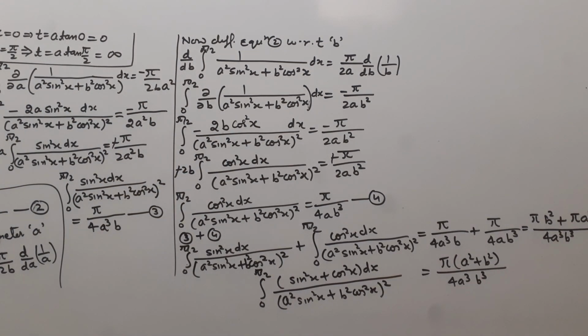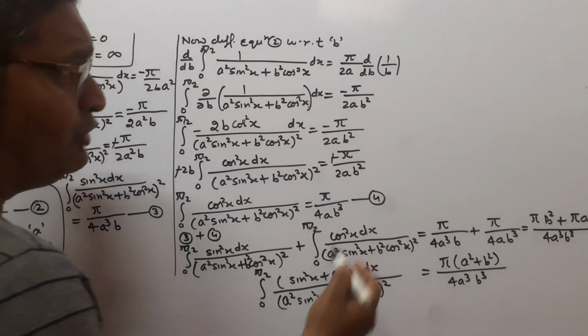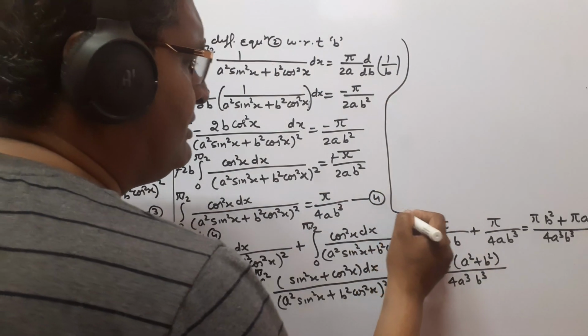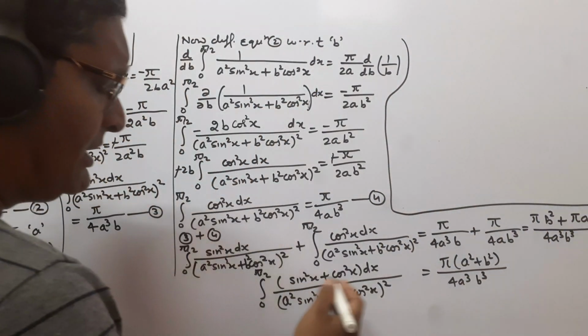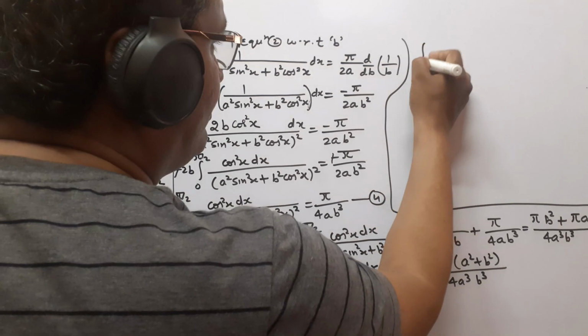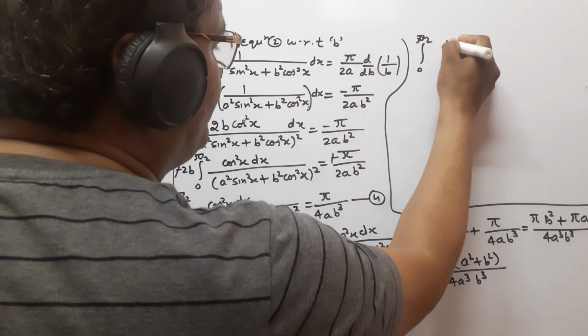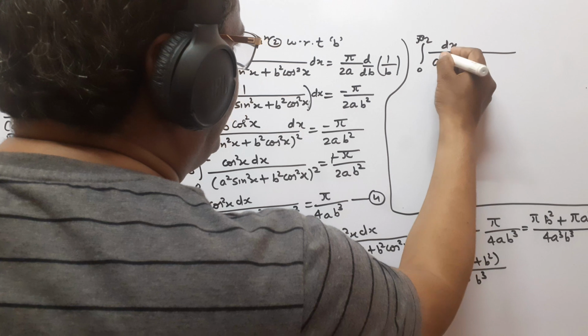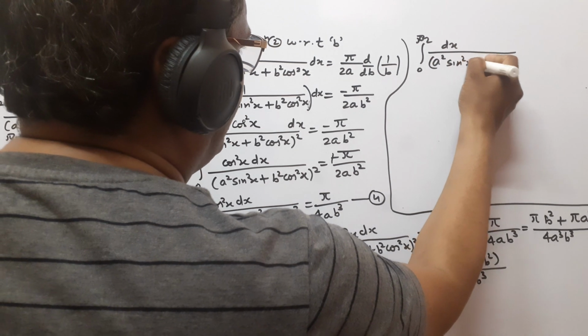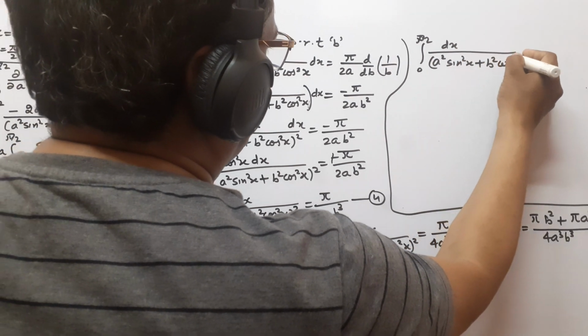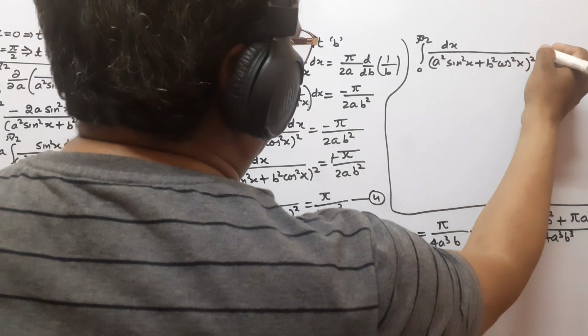Now we can see that sin²x + cos²x is equal to 1 in the numerator. So we write here the integral from 0 to π/2 of dx divided by (a² sin²x + b² cos²x)².